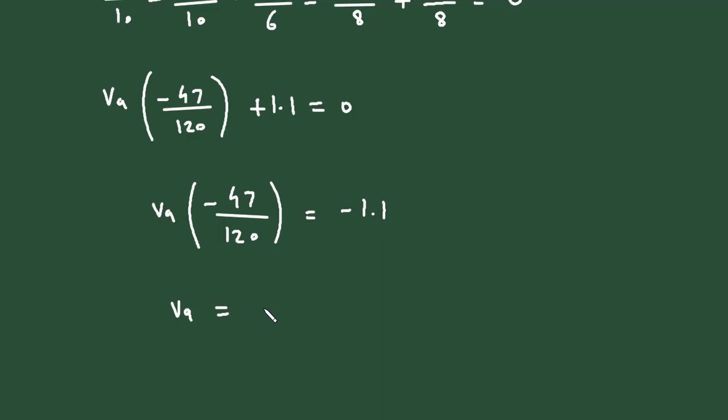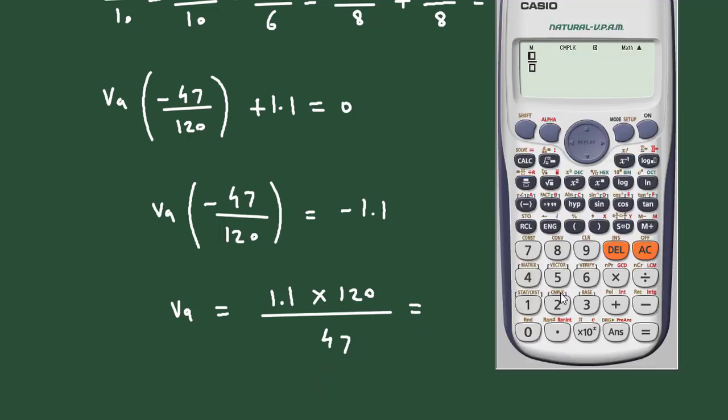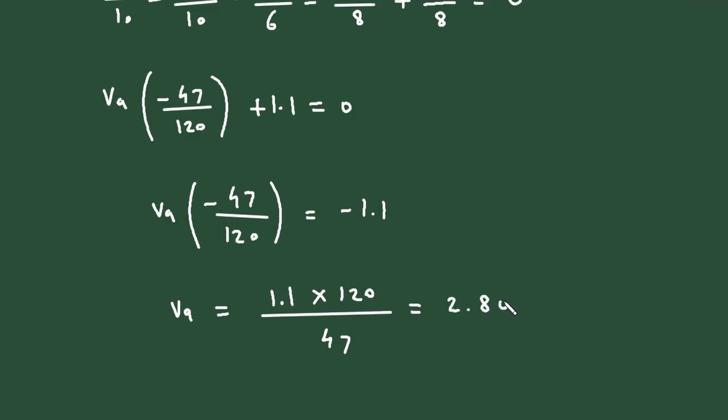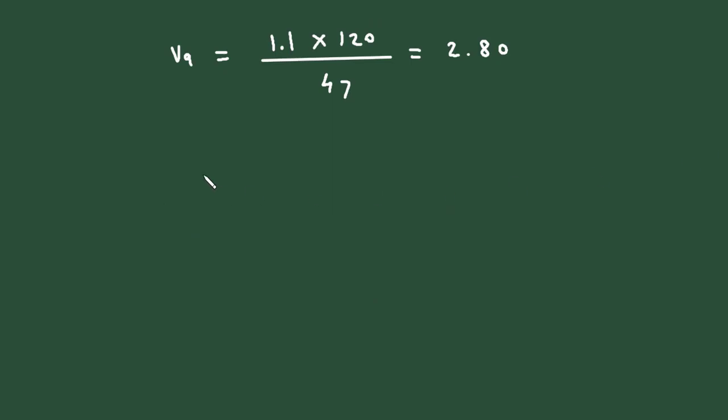So VA is equal to, this minus and this minus will get plus, 1.1 multiplied by 120 divided by 47. So it is 2.80. This is the value of VA.